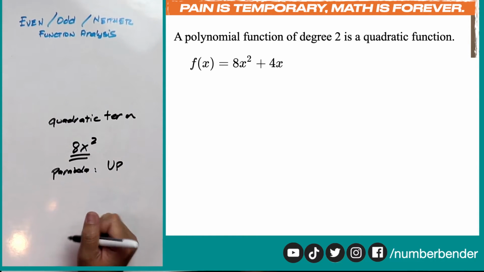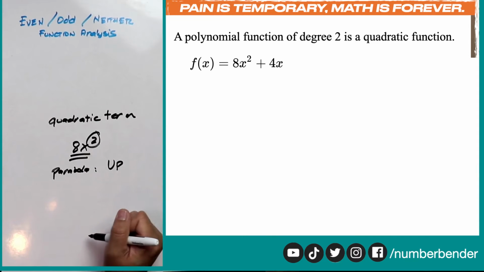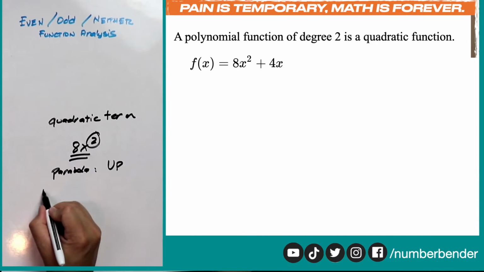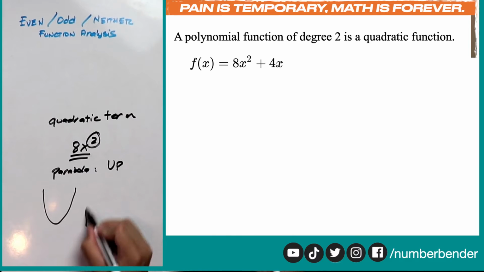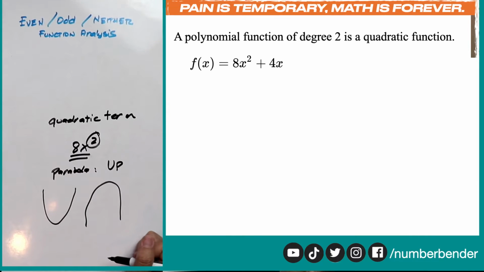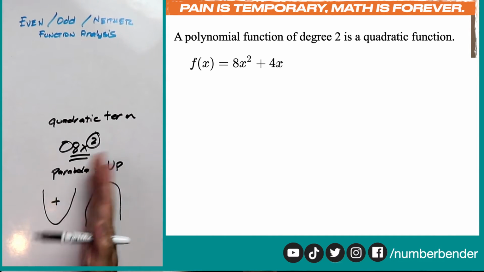So all quadratic functions, or degree 2 polynomials, are either a parabola going upward or a parabola going downwards. And you can determine it without using a graphing calculator by looking at the sign of its coefficient. Since the coefficient is positive, our parabola is going upward, and when it's negative, it's going to go downward.